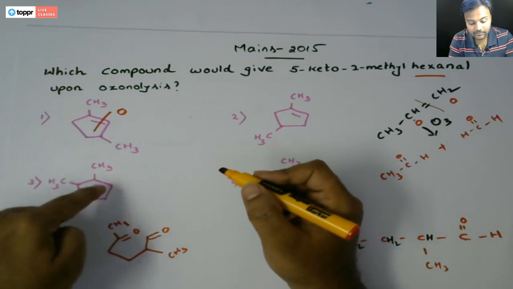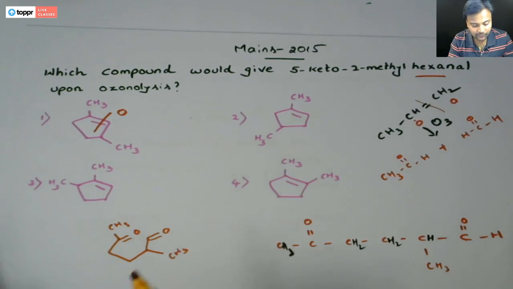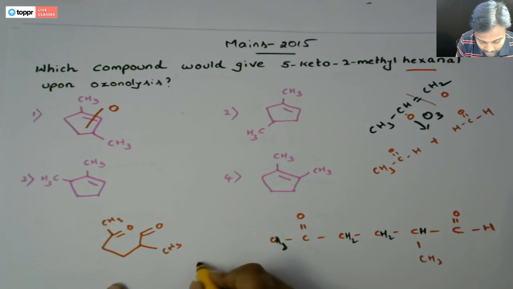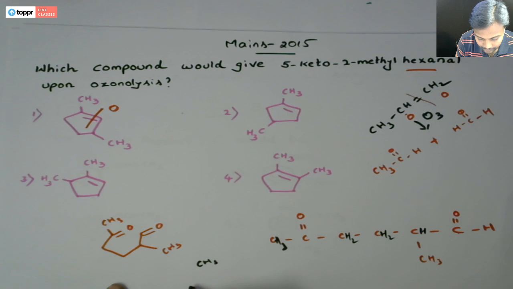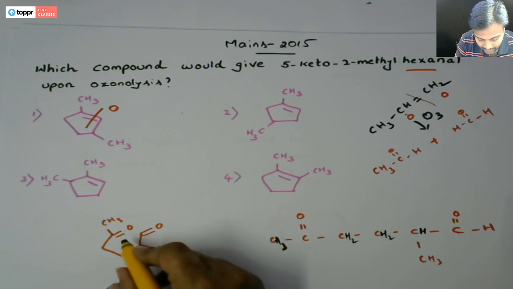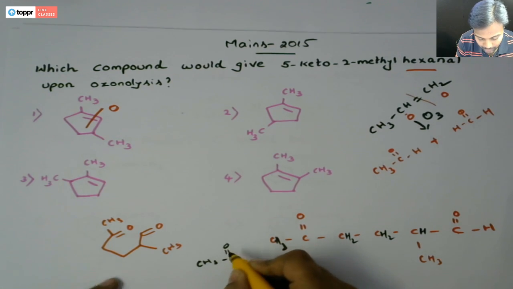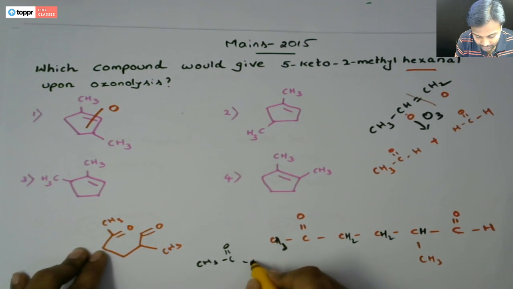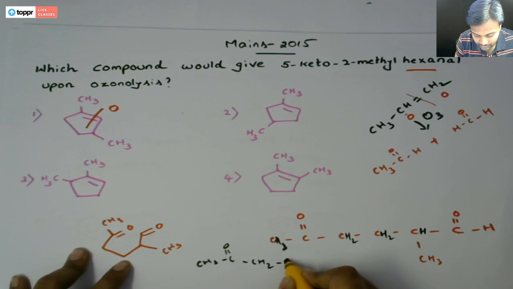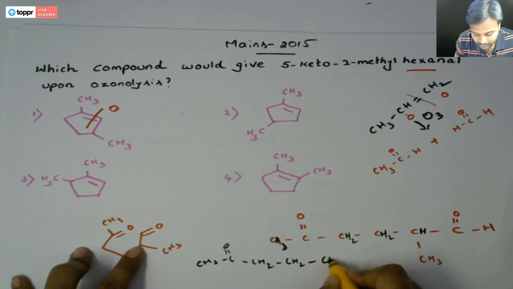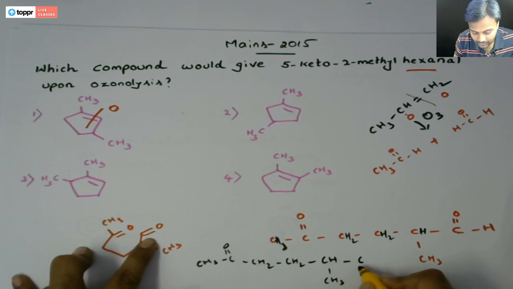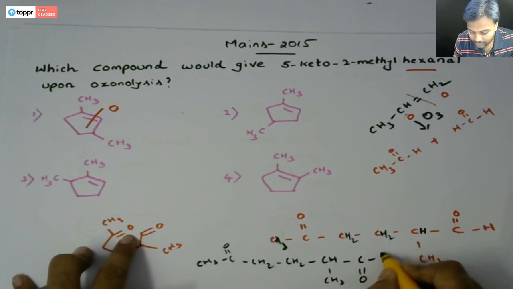I just have broken and written the structure. If you convert this into a normal structure, CH3, at one side it has C double bond O, then attached CH2, then CH2, then CH, CH3, then C double bond O, and H.